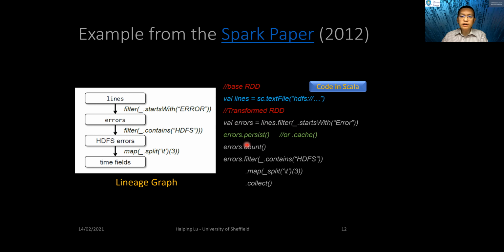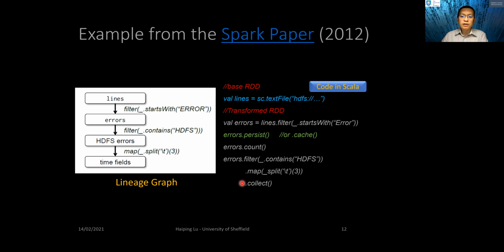After that, we do errors.count. This is an action, and it will trigger the previous transformations to be executed. After that, we can do another transformation and action.